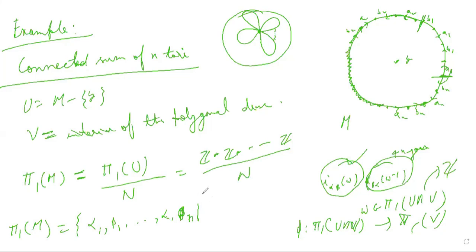N will be generated by elements of the form α1 β1 α1 inverse β1 inverse, and then α2.